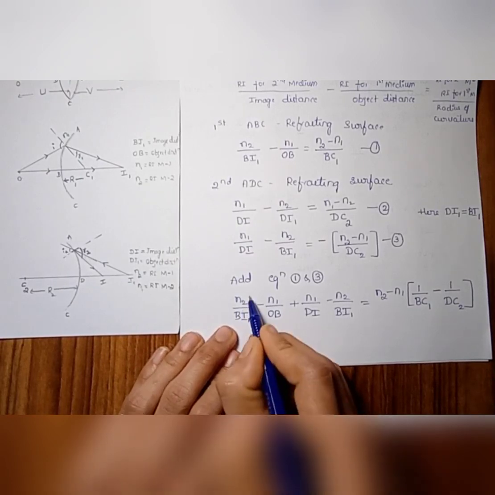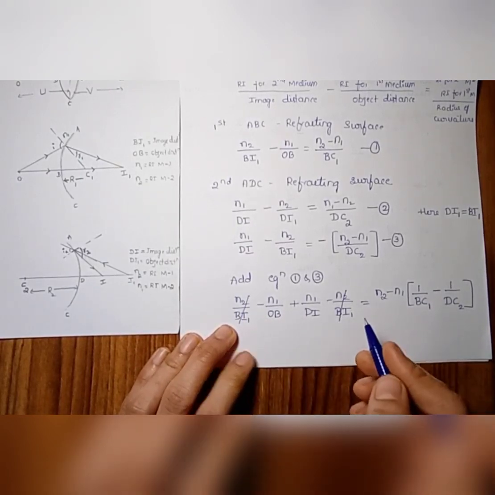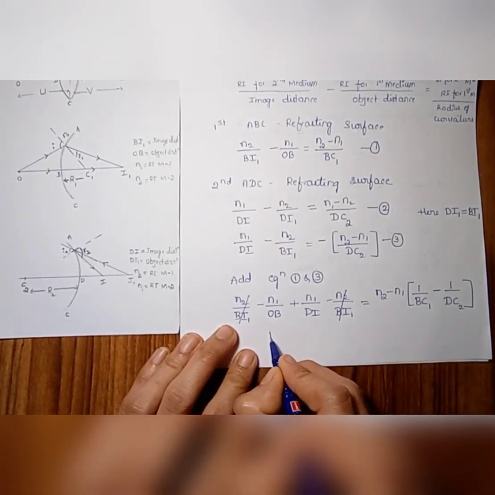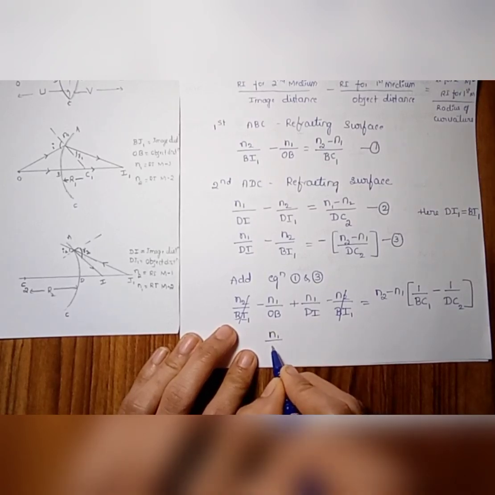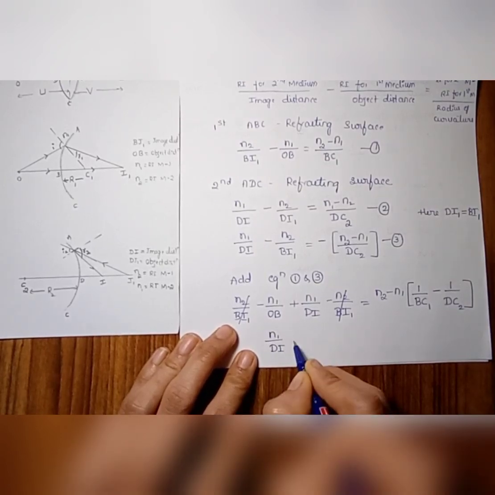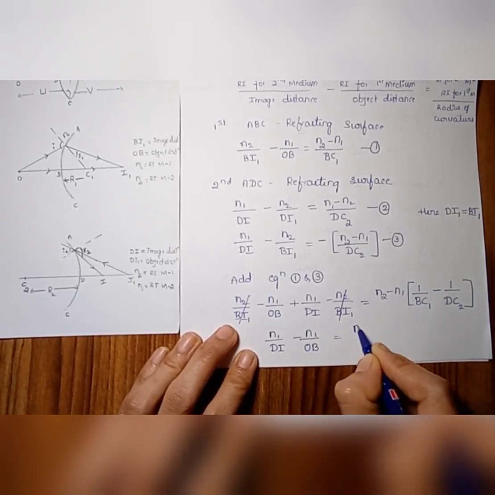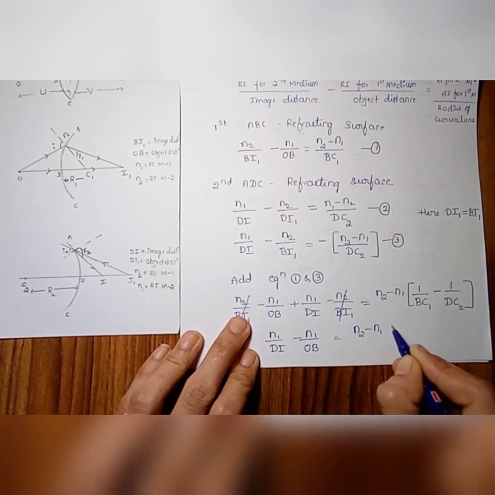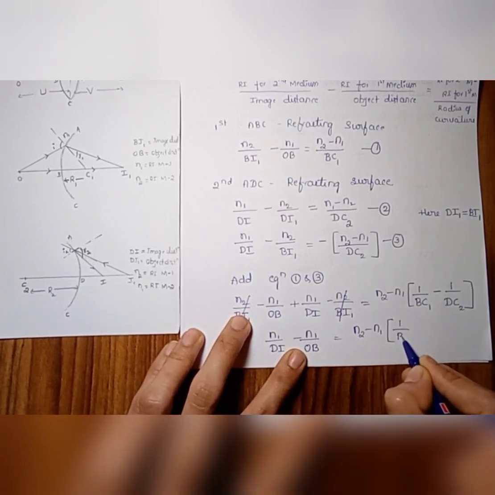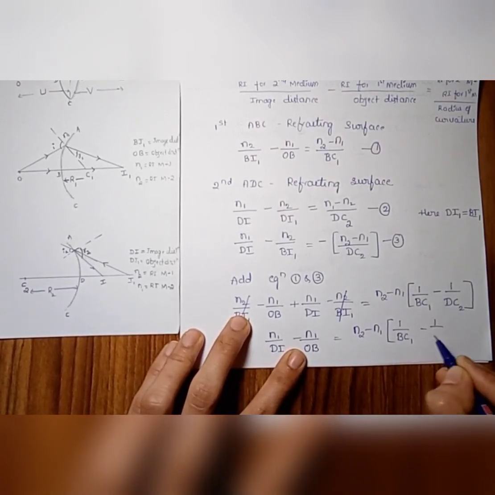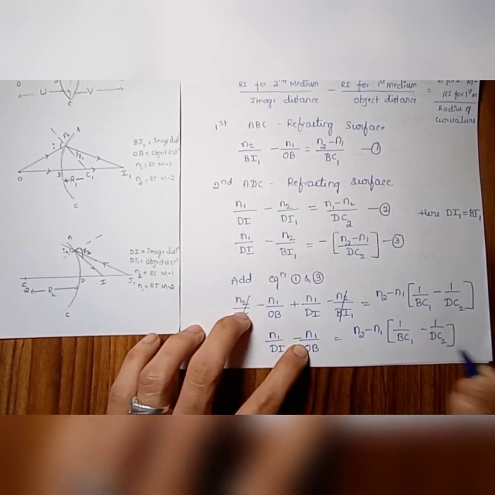Here N2 by BI1 and N2 by BI1 cancel each other, then this gives N1 by DI minus N1 by OB is equal to N2 minus N1 into 1 by BC1 minus 1 by DC2.